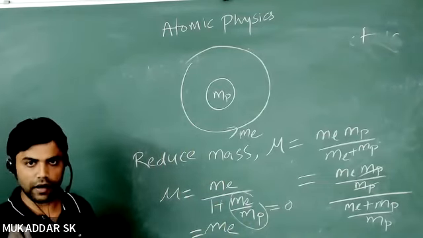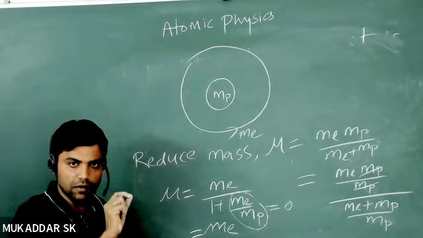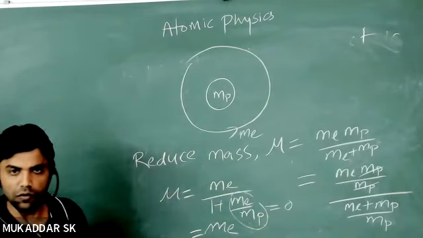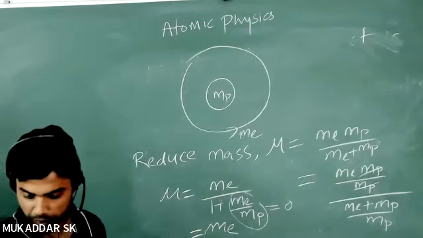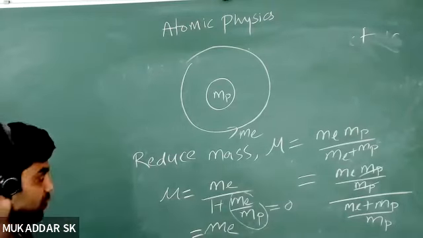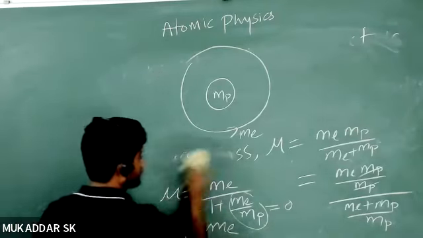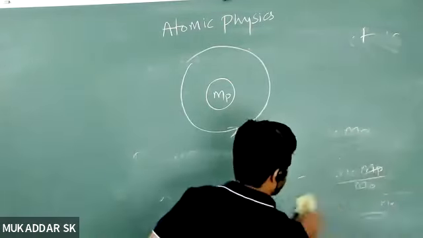In place of the mass of the electron, you have to insert the reduced mass of the system. Just 5 or 10 minutes back I wrote that expression. You have to introduce the reduced mass there. So I'll do that, and you will see the beauty.